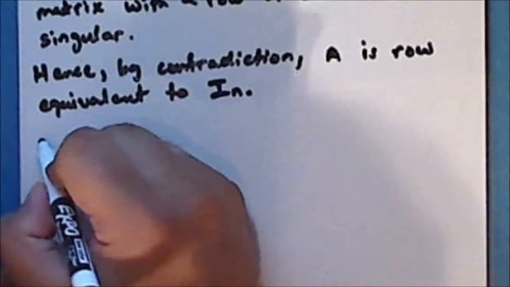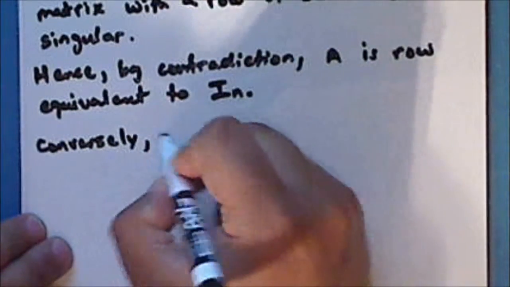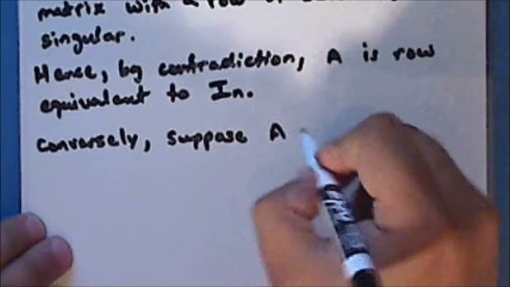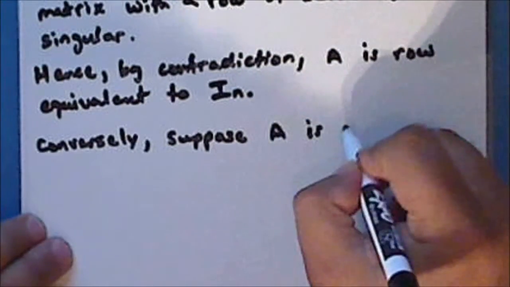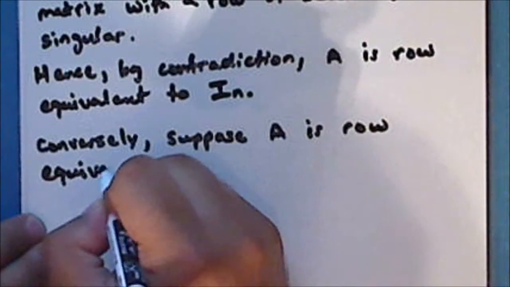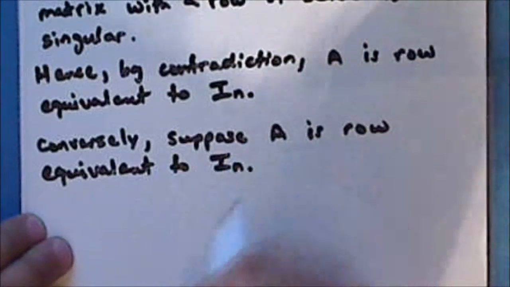So conversely, suppose that the square matrix A is row equivalent to the identity of order n.